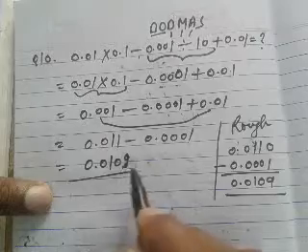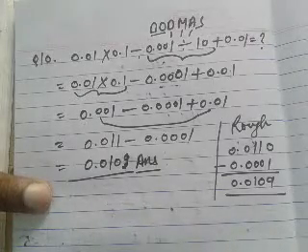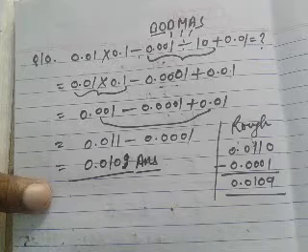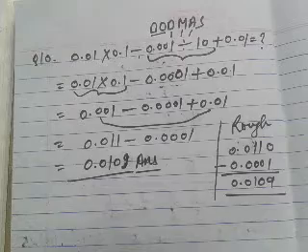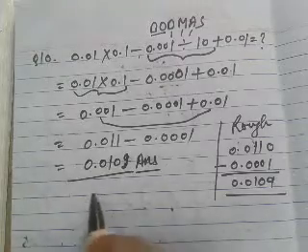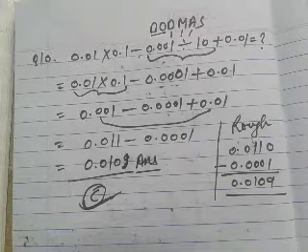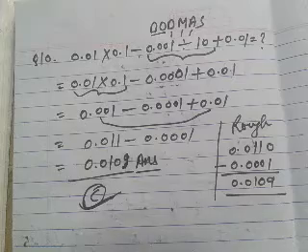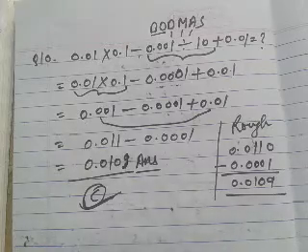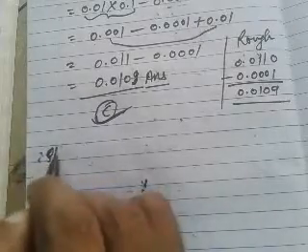This is the final answer for this question, 0.0109, and this is given in option C in your textbook. So option C will be correct for the given question. Next question will be question number 11.